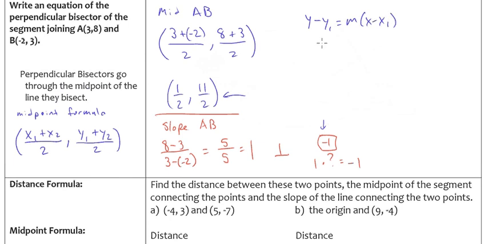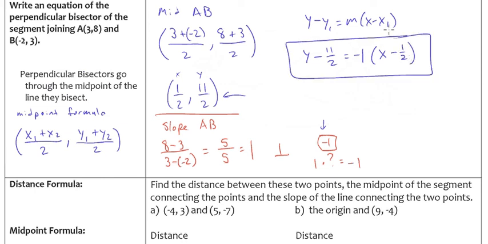And our points that it's going through, here's our x and here's our y. We have y minus 11/2 equals our slope, so negative 1. And you could just put negative there, that'd be fine as well, times (x minus 1/2). All right, I hope that helped.